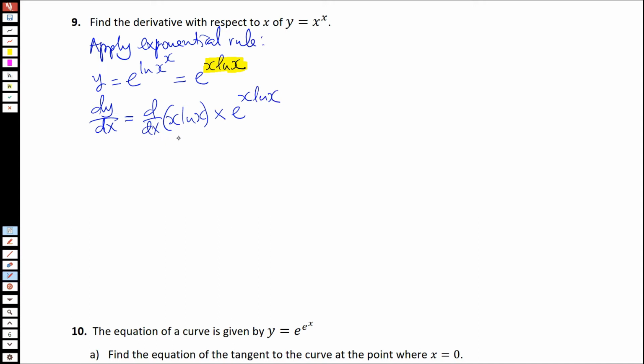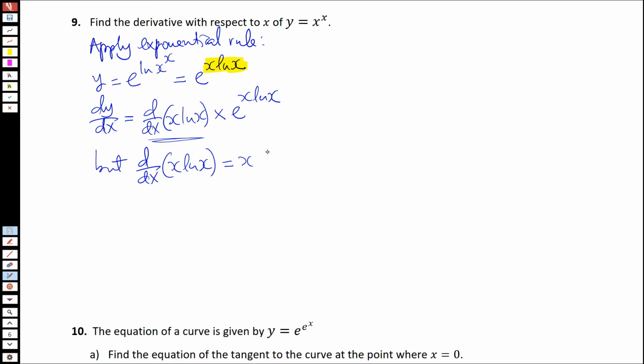So now our interest is here. The derivative of x ln x is where we apply the product rule, because it's a product of two functions.